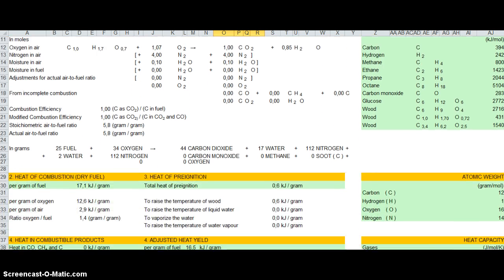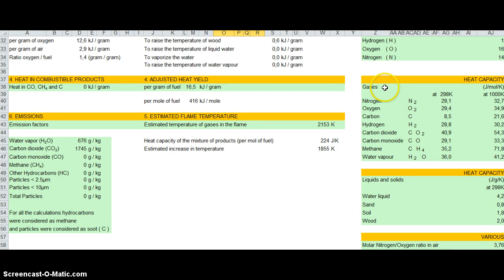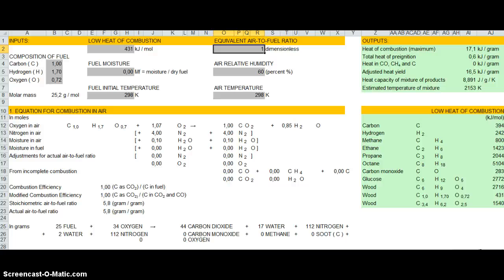And here in the spreadsheet you have some reference values for heat capacities for the different components of the mixture between gas and the products of the combustion. So this could be of interest for many reasons, and you'll see that later.